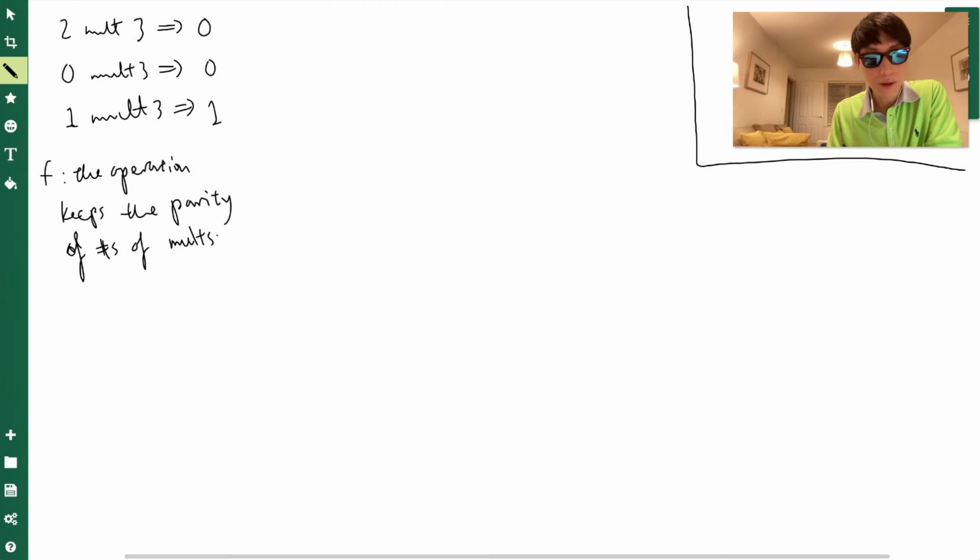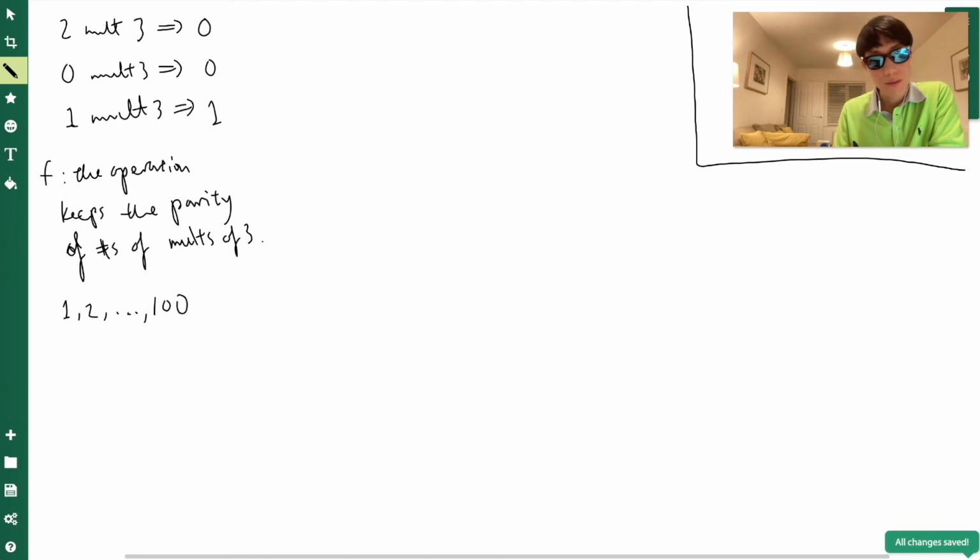And if you recall, we started with 1, 2, up to 100. Some quick maths can tell you that there are 33 multiples of 3 in this range. And of course, 33 is odd, which basically means mod 2 it is equal to 1.